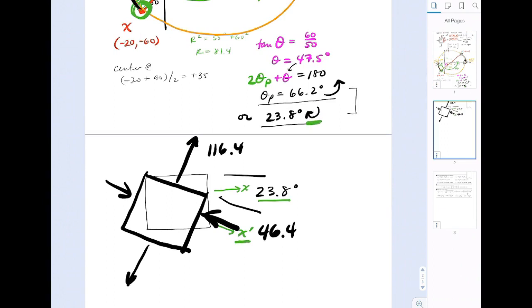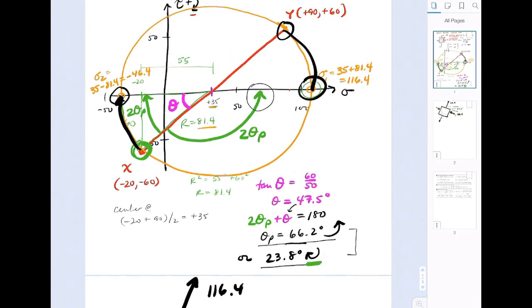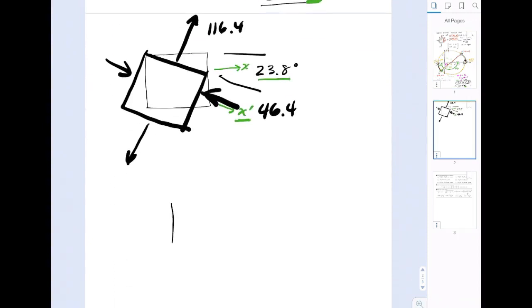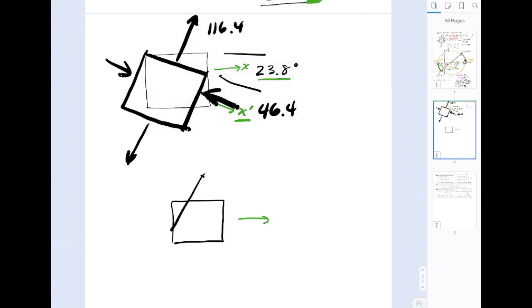And we'll take a moment and just reflect here. This picture works for either answer for theta p. If we go back to the answer where we rotated 66.2 degrees counterclockwise, in that case we would have started with an element looking like this, with an x-axis sitting there. We rotated it 66.2 degrees up.